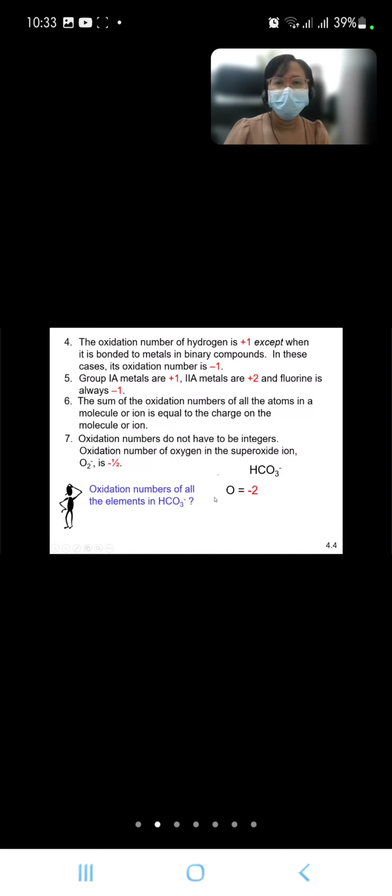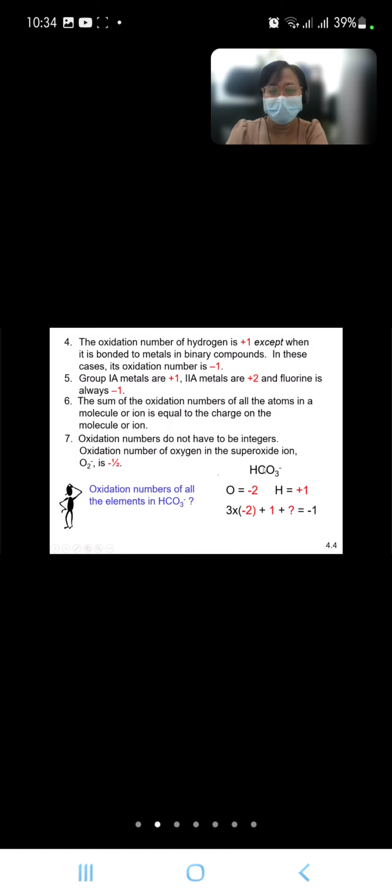In hydrogen carbonate, oxygen is -2 because oxygen here is not a peroxide. If oxygen is not a peroxide, its oxidation number is -2. For hydrogen, it is +1.